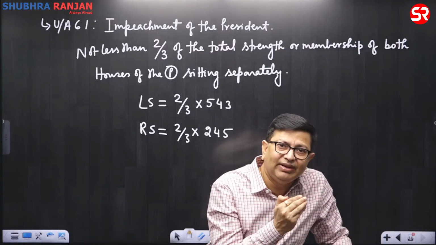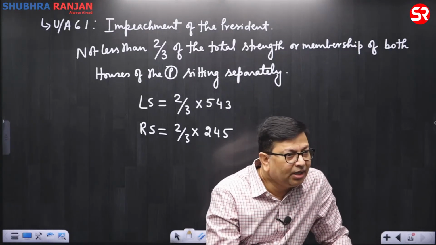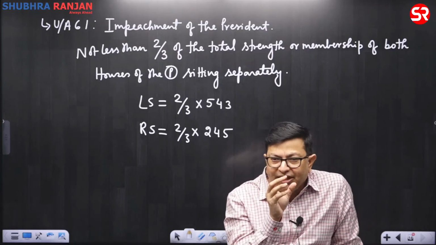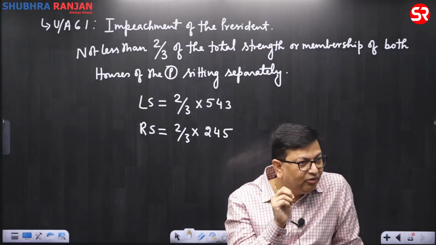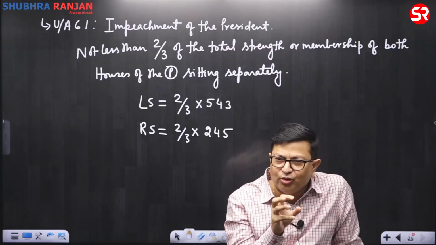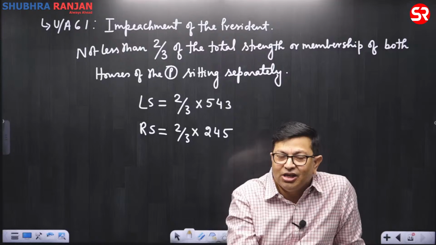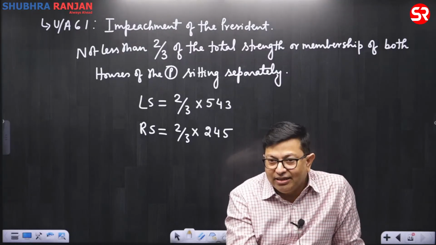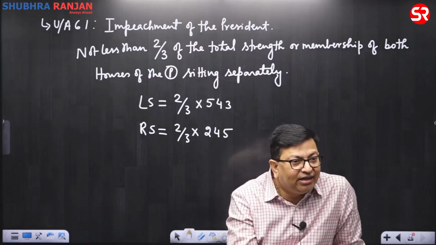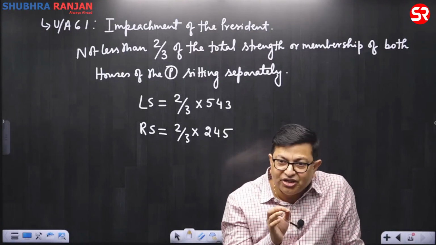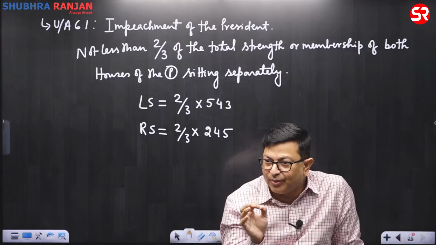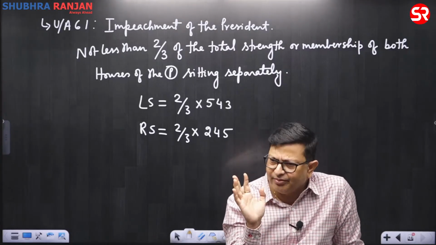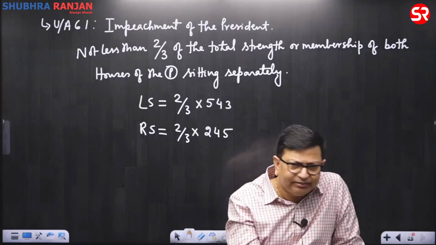Now, if someone asks you what is the difference between impeachment and removal, whether a judge of the Supreme Court is removed or he is impeached, you should say that technically speaking, as per the Constitution of India, the word impeachment is the process which is used only in case of the president.